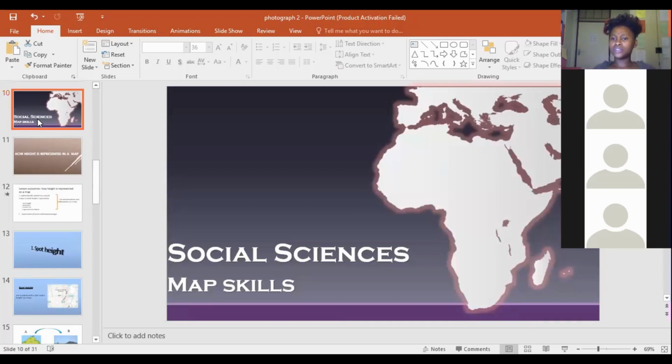Prudence and Razi, are you still there? Yes. So with the experience that Tando has explained, that you all went hiking last year, we're going to use that experience in our topic of today, which is how height is represented on a map.